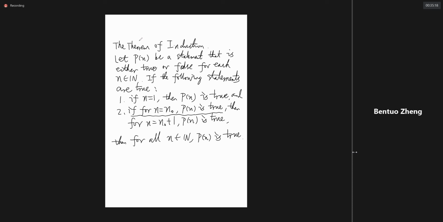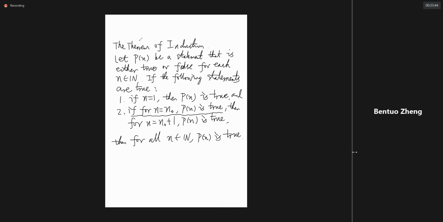Roughly speaking, this is like you are putting a series of bricks on the ground. The first step is to push down the first brick. That is to verify the initial statement is true. And then if you assume one of the bricks in the series falls down, then the next brick falls down. That is the second one.